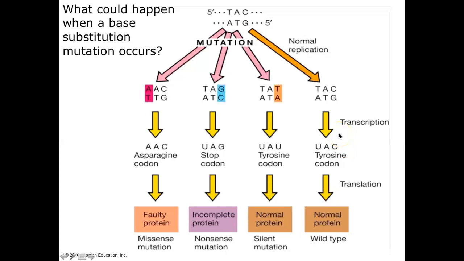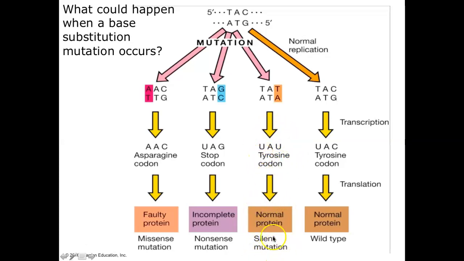Let's look at first our silent, all right? So there is a mutation. The TAC is now a TAT, right? When you transcribe that, you get the same amino acid coded for, and you get the same protein.